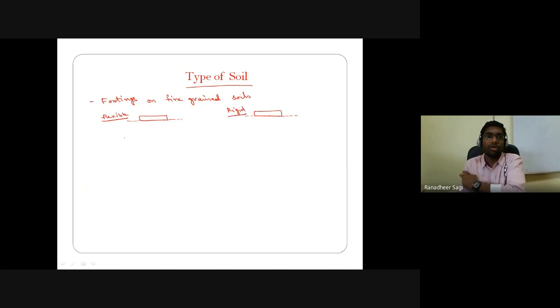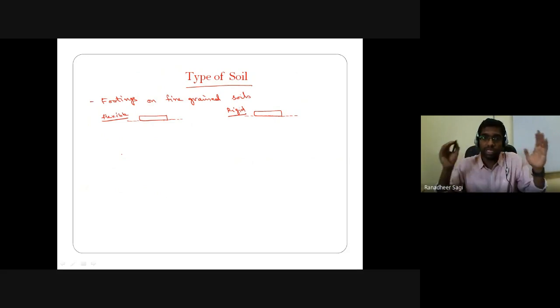Okay, so when your flexible footing is resting on what is called as your fine grained soil, I repeat, when the flexible footing is resting on fine grained soil, as the footing is said to be flexible, we know that the contact pressure distribution is going to be uniform throughout your footing width. But what I should know is, how is the settlement pattern? Whether the settlement in that flexible footing which is resting on fine grained soil is going to be maximum at the center or maximum at the edge.